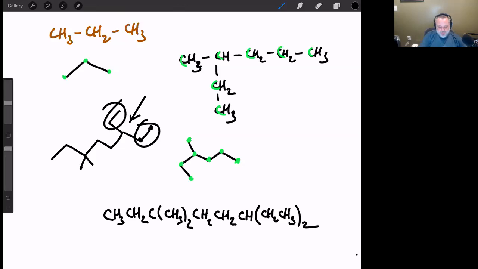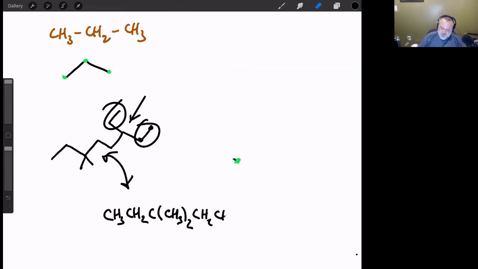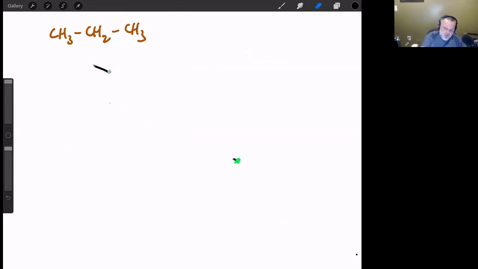And so that's how I go from a bond line structure to a condensed structural formula, or from a line structure to a condensed structural formula. In both cases, they maintain the geometric information and all of the connectivity. This works out the same way for cyclic compounds. So what if I have something like cyclohexane?